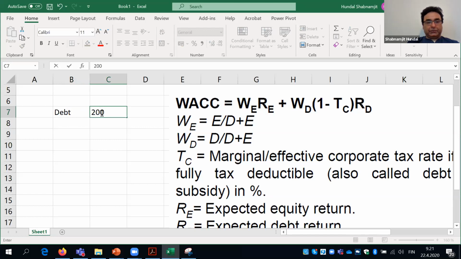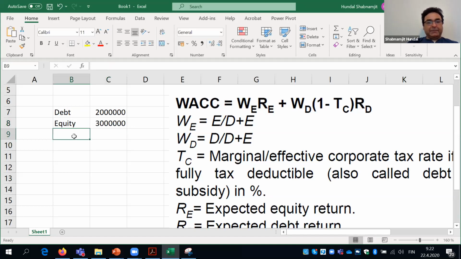How many zeros are in 2 million? 6. And the equity is 3 million, which also has 6 zeros.